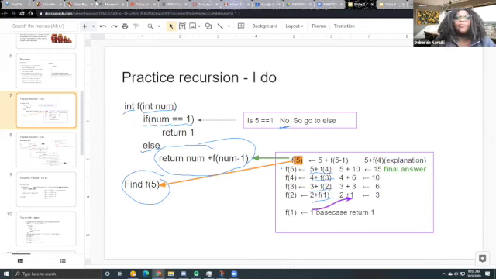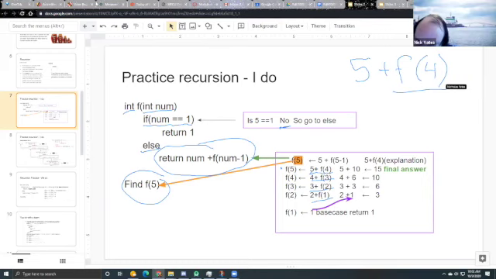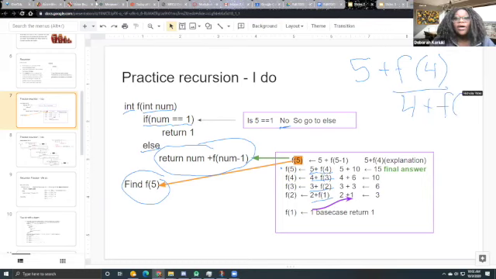Okay. So yeah, 5 plus F of 4. Well, what is F of 4? It's 4 plus F of 3, and what is that? It's 3 plus F of 2, and what is that? It's 2 plus F of 1. And then you calculate that.